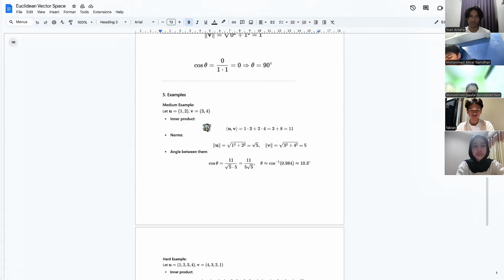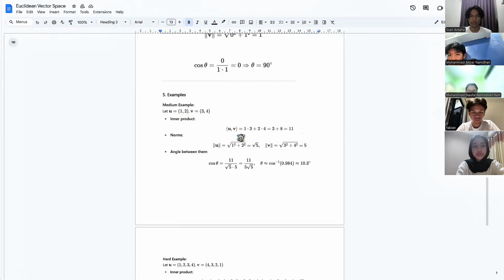For example, the first members are multiplied, which is 1 from vector u and 3 from vector v, and then the second members, which is 2 from vector u and 4 from vector v. Now, after multiplying both, we get 3 and 8.